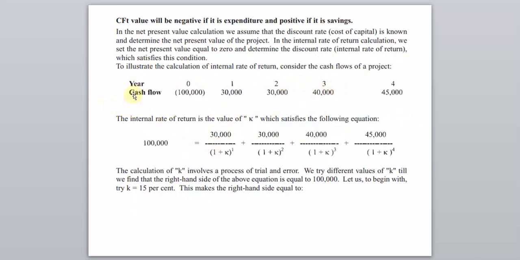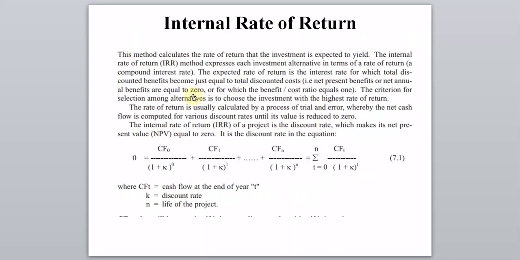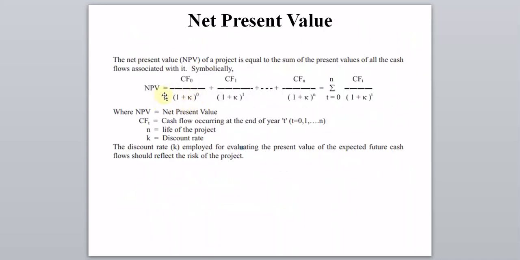This example consists of per year cash flow, starting from year 0 to 4. Here, this 0 is showing the net present value, the total capital investment, as we have seen in the net present value.